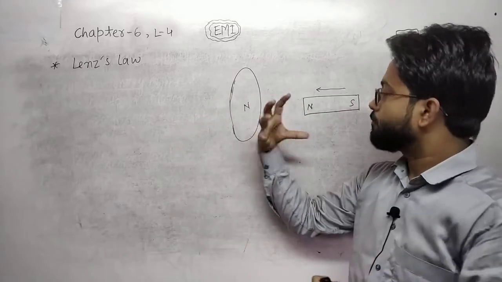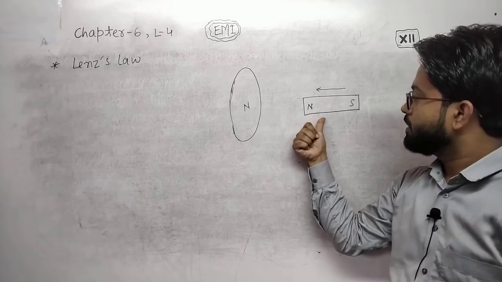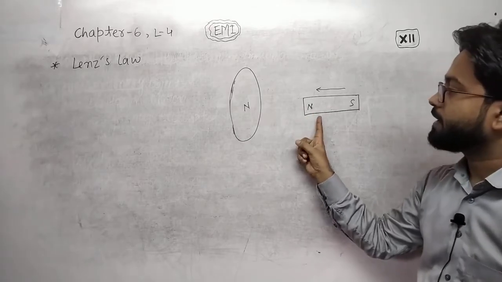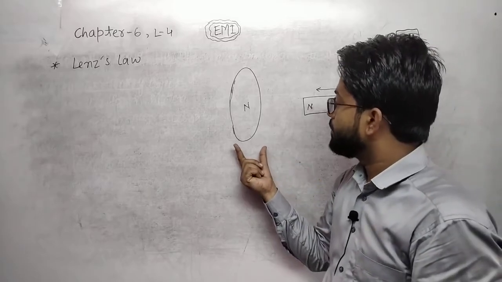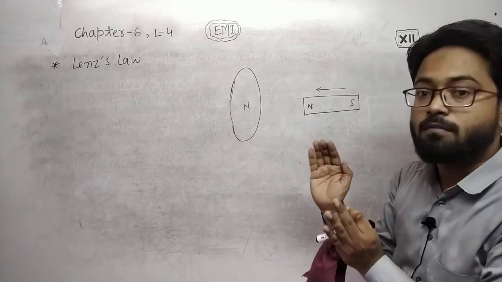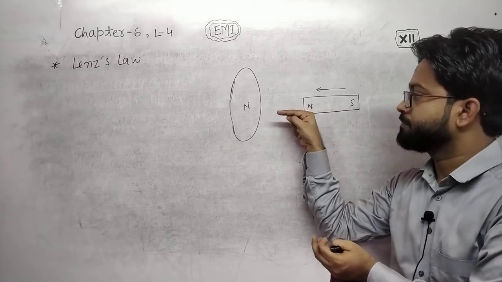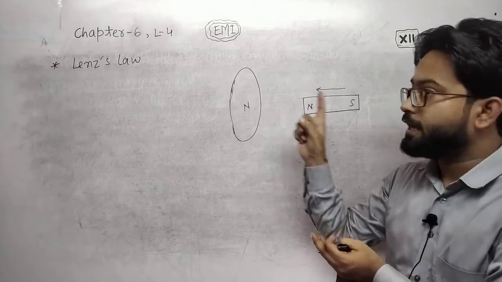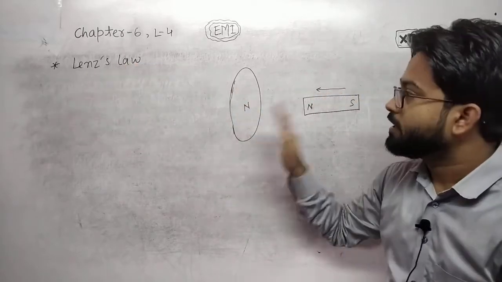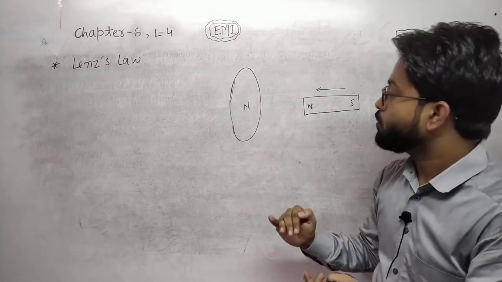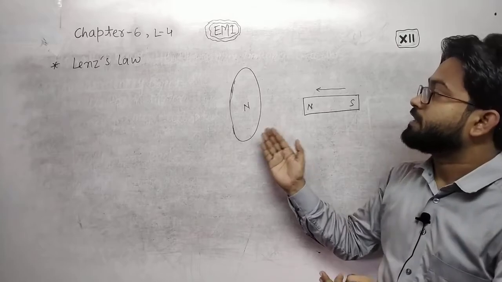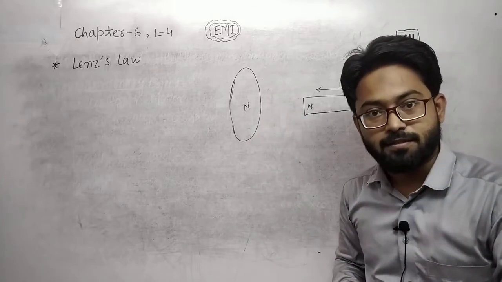That means from the direction of the bar magnet, the coil will become a north pole. Why? Because according to Lenz law, the coil will oppose the cause that produces the current inside the coil.